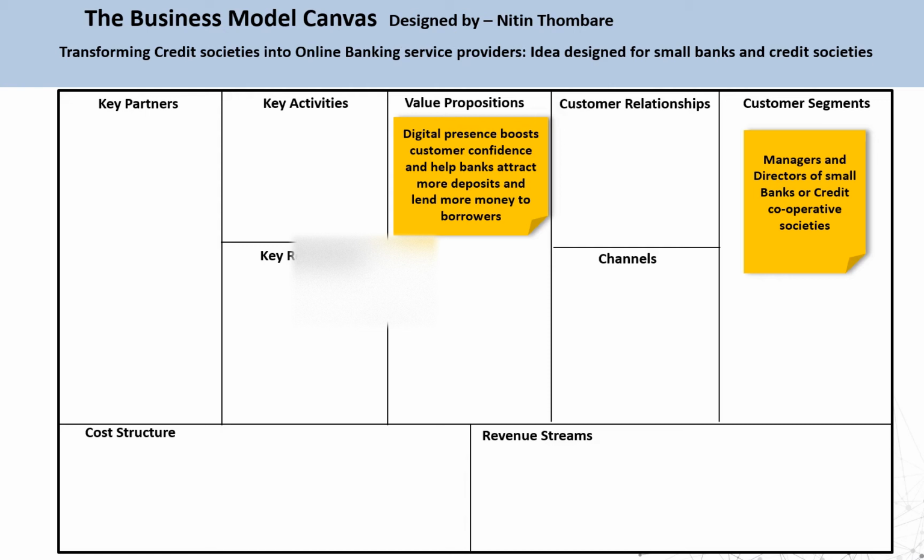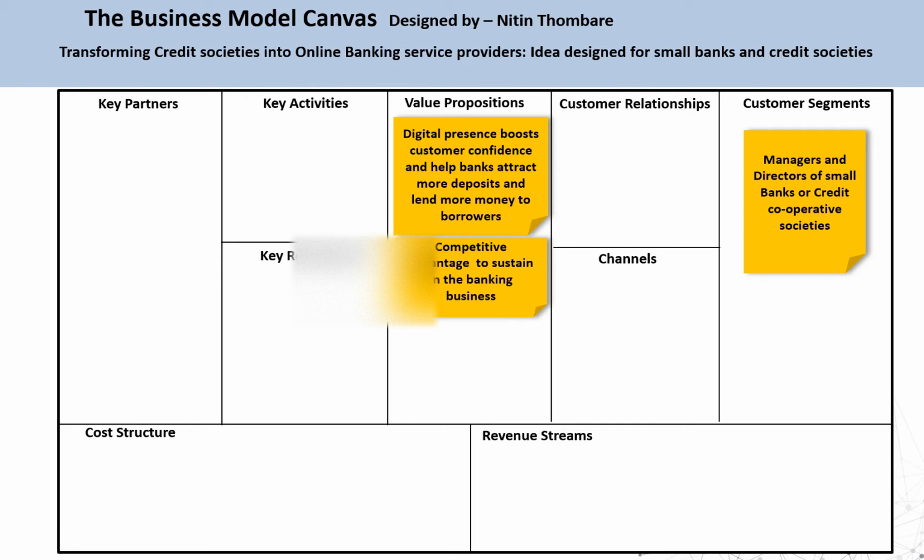By providing online banking services to its customers, these banks can and will retain and gain the customer base. It will increase the bank's deposits and they can lend more funds to borrowers. With the website and mobile application, it is possible to reach customers who are not staying nearby and beyond their limited areas.